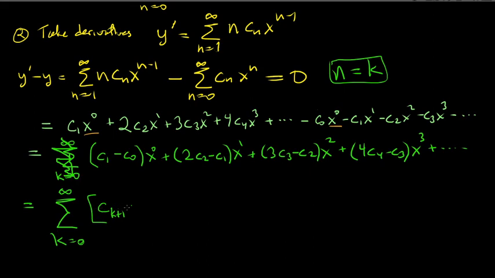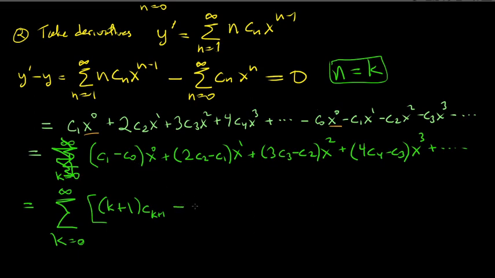So in other words, you're going to have to multiply this by k plus 1. I should have done that first. So if k starts at 0, this is going to be k plus 1 times ck. So I think that takes care of the first one.